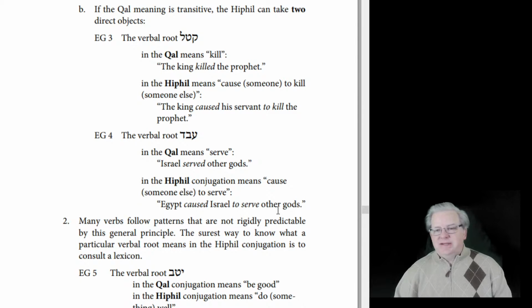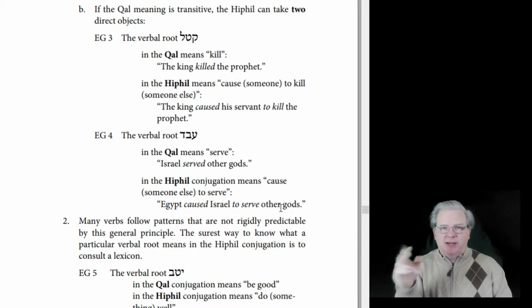If it's transitive already, you're going to get double causation. The king killed the prophet in the Qal, and in the Hiphil, the king caused the servant to kill the prophet. So you've got two direct objects, and you'll have two definite direct object markers. It's just double causation, and that's how they understood it, or double objective.